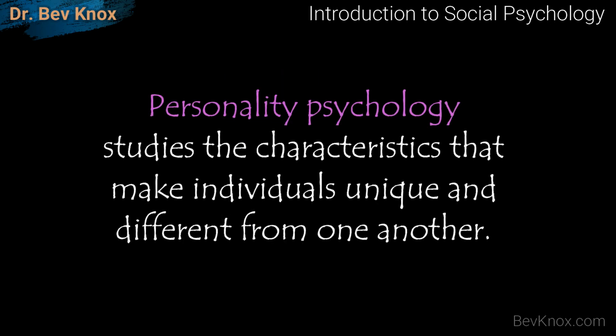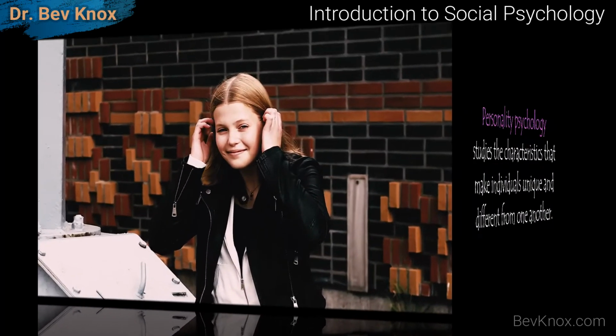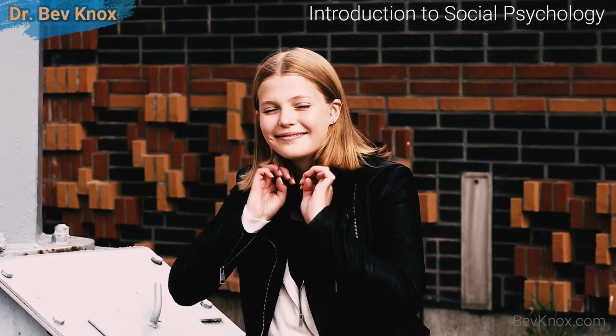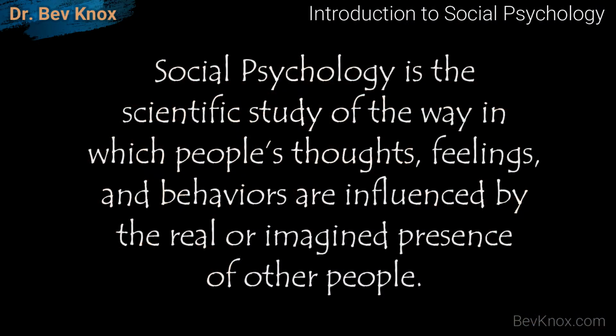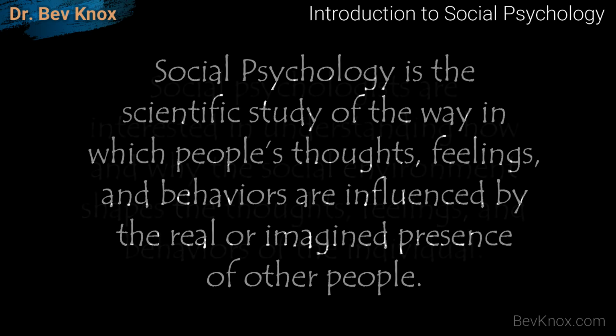And personality psychology studies the characteristics that make individuals unique and different from one another. Now let's recap. In summary, social psychology is the scientific study of the way in which people's thoughts, feelings, and behaviors are influenced by the real or imagined presence of other people.